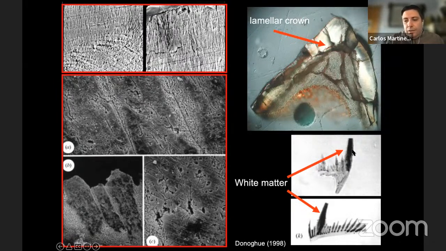Interestingly, this tissue is distributed mostly in the core of the denticles in many conodonts. It's not always present, but when it is present, it is very common to find it in this part.